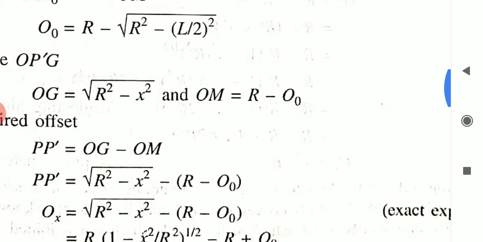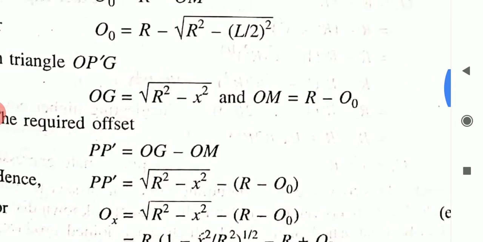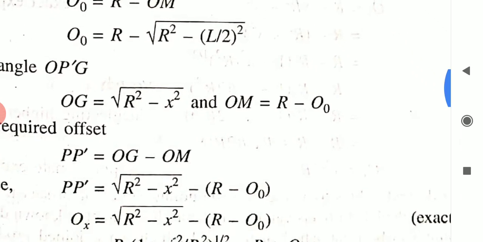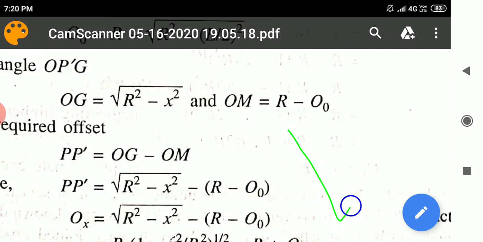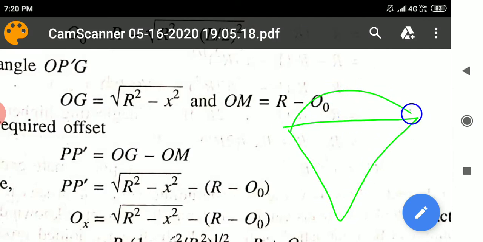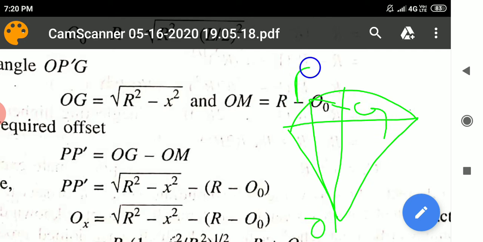So in triangle OP dash G, see here, in triangle OP dash G, I will show you. So it is like this. G is here, it is O, it is P dash.